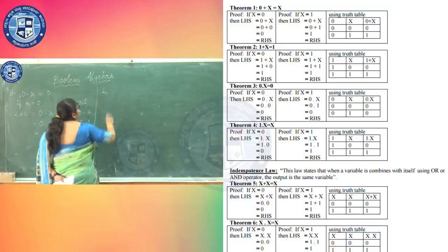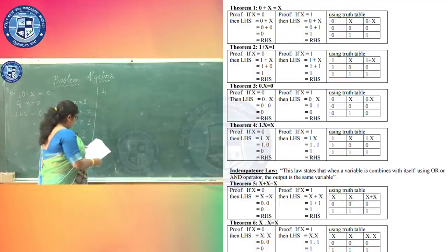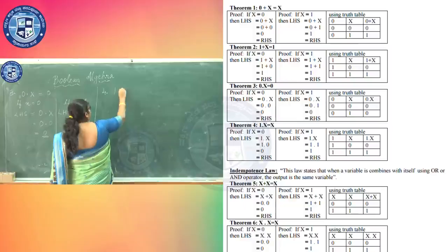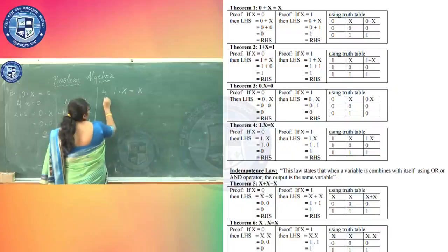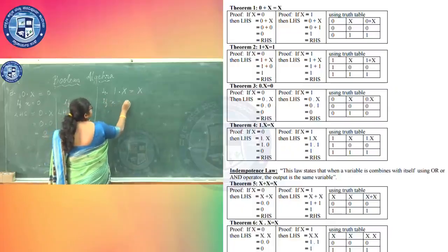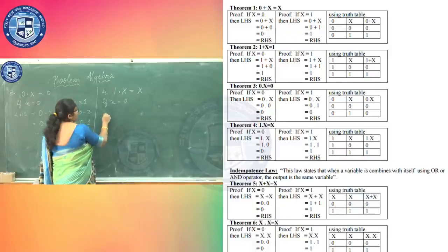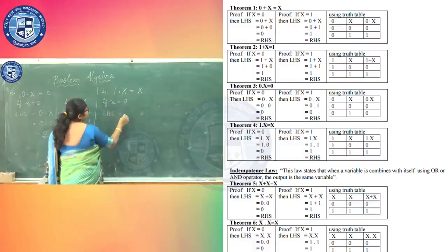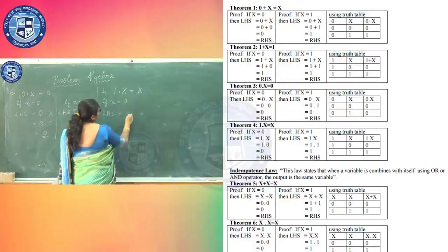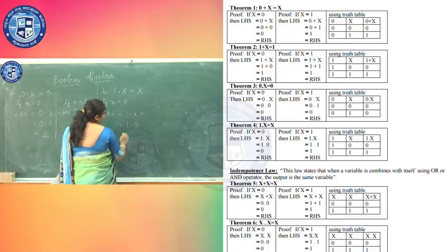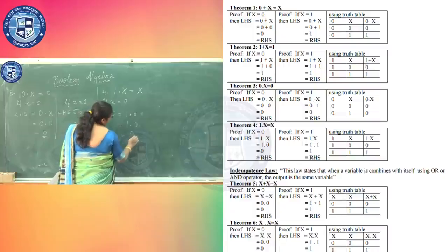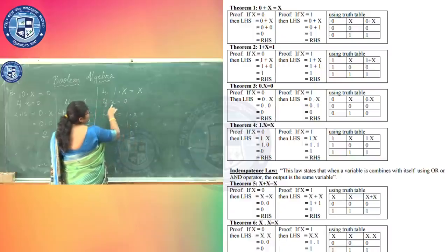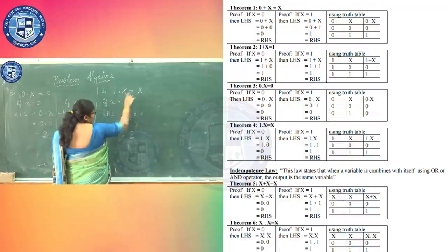Next, the fourth theorem. The fourth theorem states that 1 and x is equal to x. Again, if x is equal to 0, we shall take the LHS, 1 and x. The value of x is 0. 1 and 0 is 0. It is equivalent to x, and that is our right hand side.